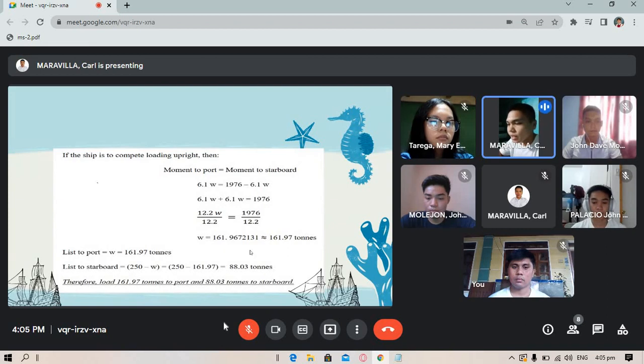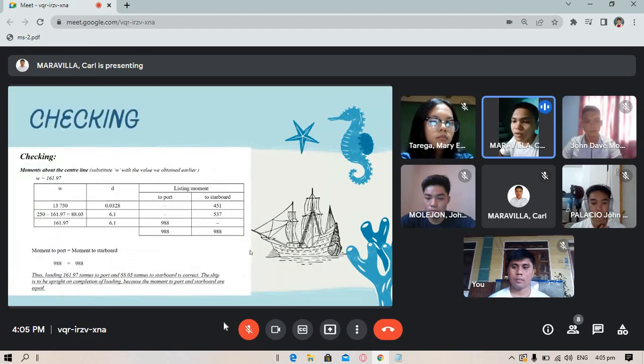We can check this by using the value that we attained just now. In checking moments about the center line, we substitute the value of W with the value we obtained earlier, W equal to 161.97. In the table, we have weight, distance, and listing moment to port and to starboard.